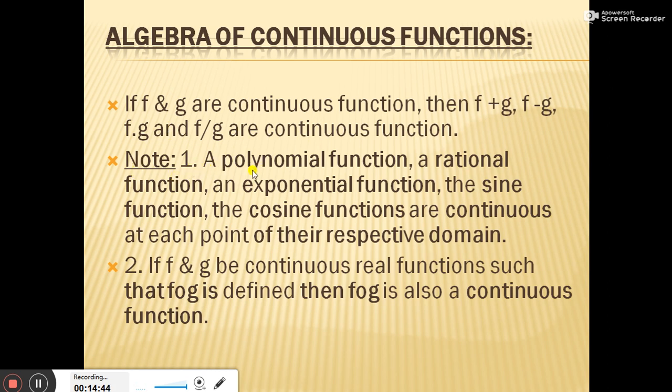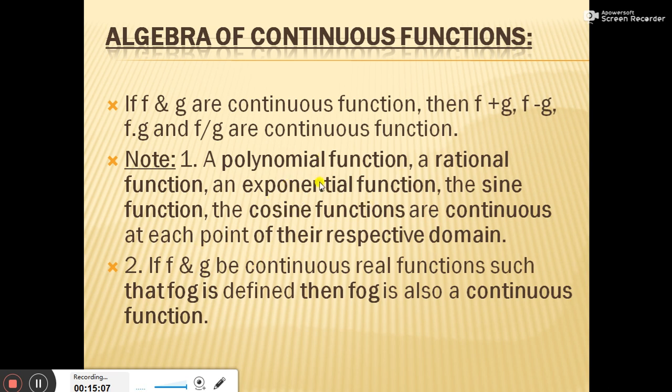And some important results: a polynomial function, a rational function, an exponential function, a sine function, a cosine function are continuous functions at each point of their respective domain. We can directly use this.